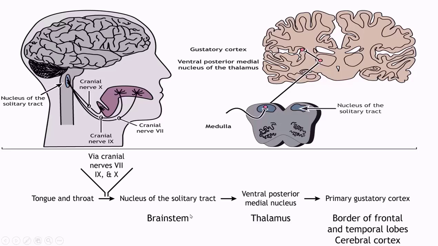This is the ventral posterior medial nucleus which is located in the thalamus, and from the thalamus signals are then sent to the primary gustatory cortex, which is at the border of the frontal and temporal lobe of the cerebral cortex. This is the frontal lobe and this is the temporal lobe, and it makes a border between these two lobes.